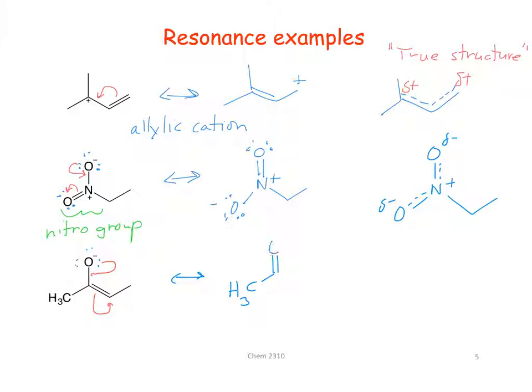Okay, so we end up with a double bond up here, and a pair of electrons over here, so it puts a minus charge on the oxygen. Okay, so in this case, it's still the same scenario as the one just above it. And so our true structure would look something like this. Right, a partial bond here and a partial bond here.